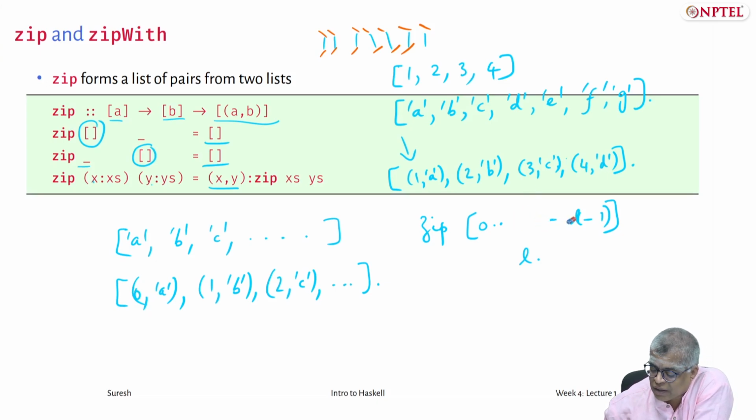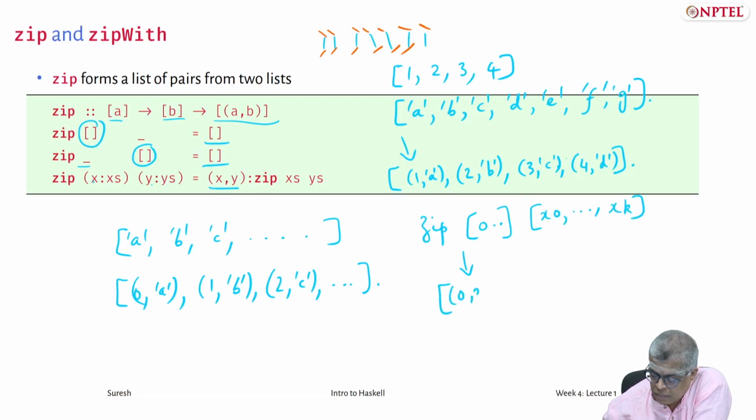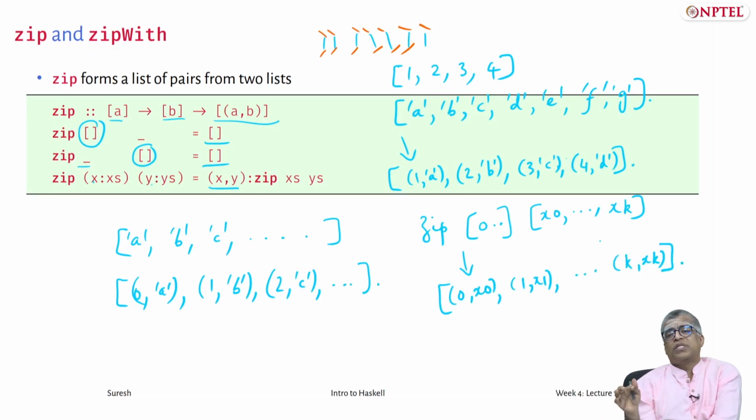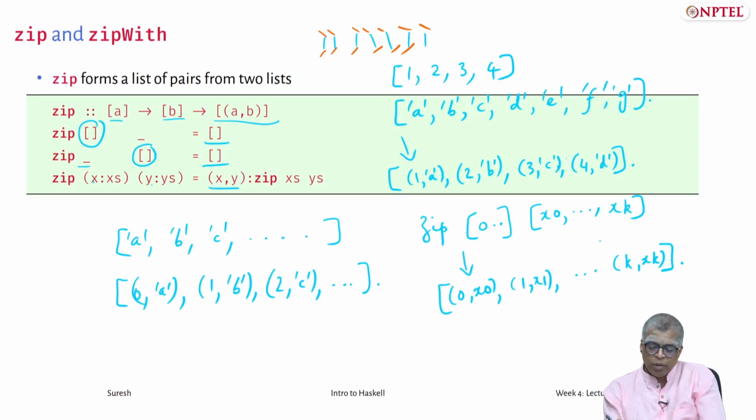In fact, we will see later that you could just specify it as 0 dot dot, which represents the infinite list starting from 0. Okay, we will talk about infinite lists 3-4 lectures down the line. But you can do this, and this is a very common use case for zip.